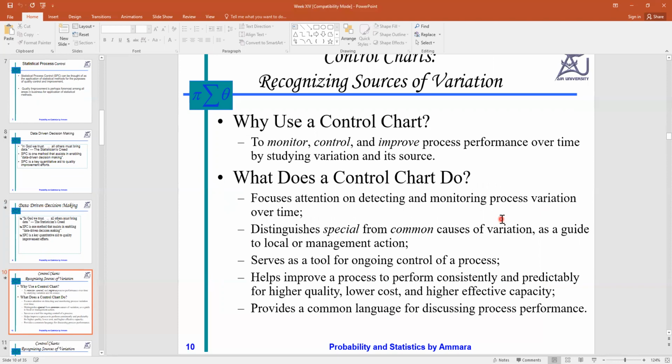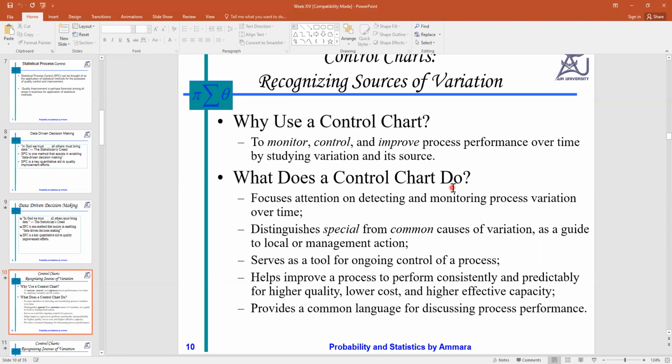To monitor, control, and improve process performance over time, you need charts constructed to check the quality of the process, to monitor the observations and see whether they are performing well or there is some mistake or a need for improvement. That is why we need control charts.